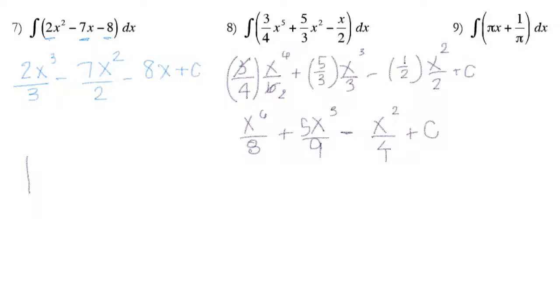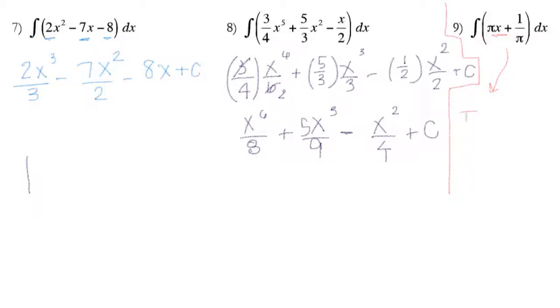Now number 9, I love number 9. It's a great example of how we tend to mistake pi for some kind of variable. Pi is just a number. We would treat it just like we would 2, 3, 4. And I'm going to move this down here so I'll have a little more room. If I integrate pi x, that's like integrating 3x.